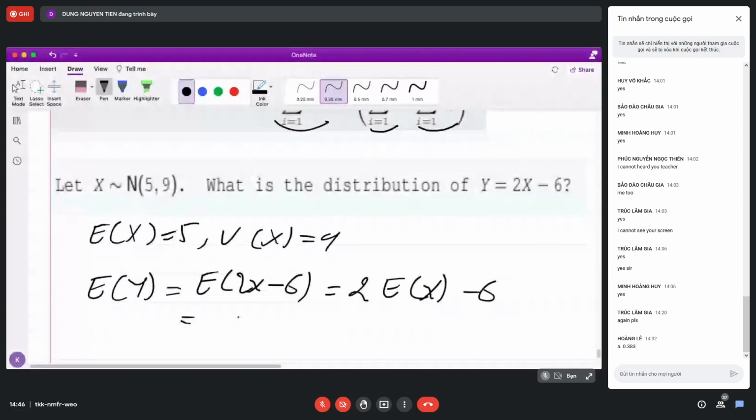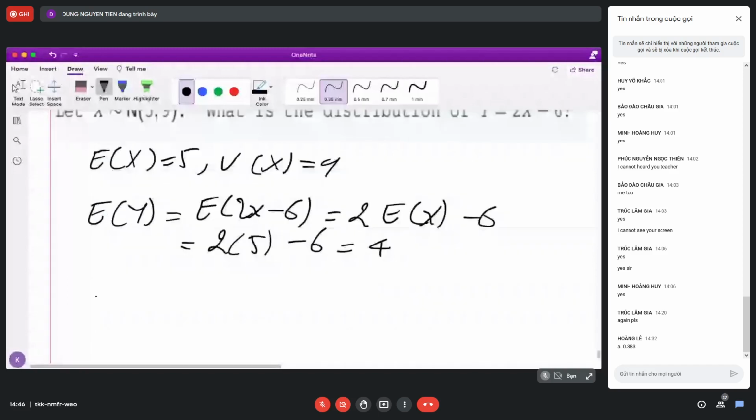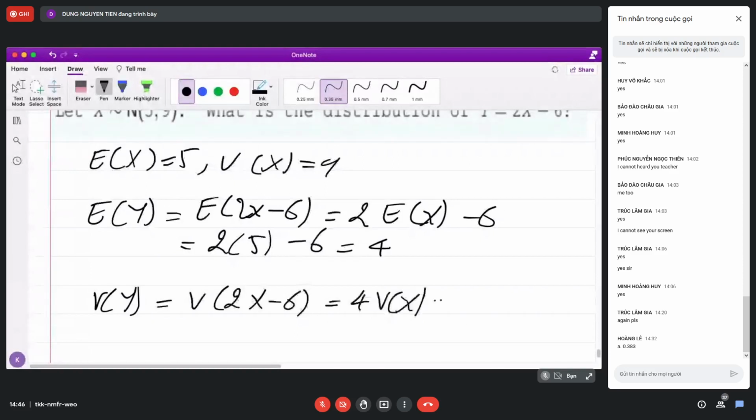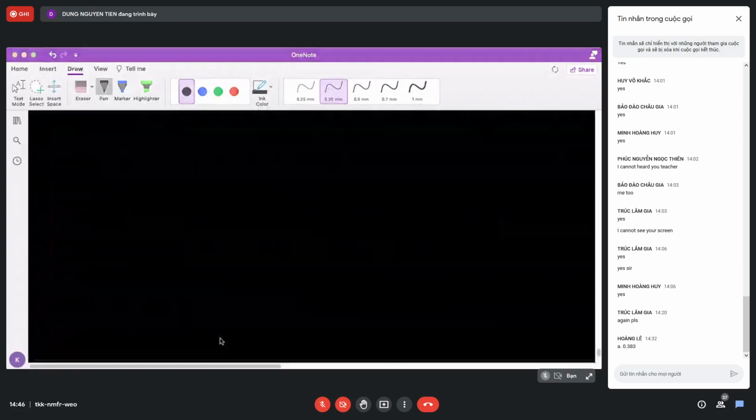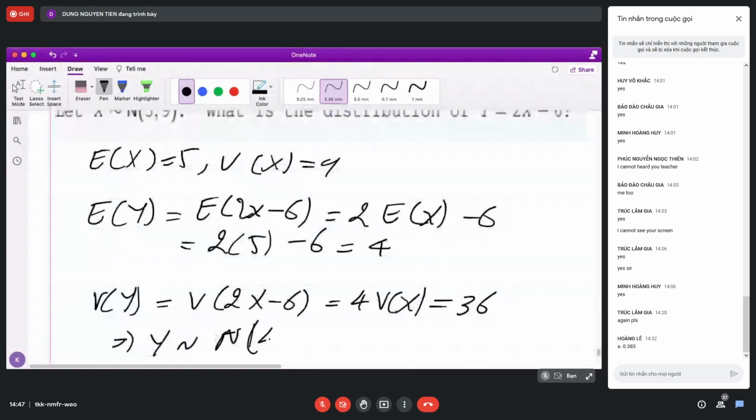Okay. In order to get the variance of Y, I get the variance of 2X minus 6, and it gets 4 times the variance of X. The variance of X is 9, so this is 36. Therefore, I can conclude that Y follows the normal distribution with the mean 4 and the variance 36.